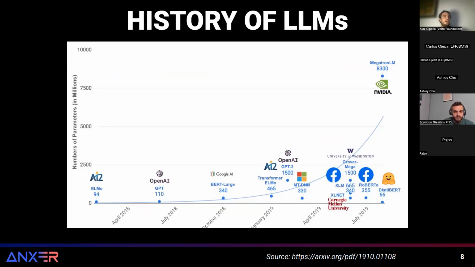But I think what they don't tell you on TV, let's say, or is less known, is that bigger is not always better. Indeed, in 2022, a paper was published by DeepMind, and they published this model called Chinchilla.